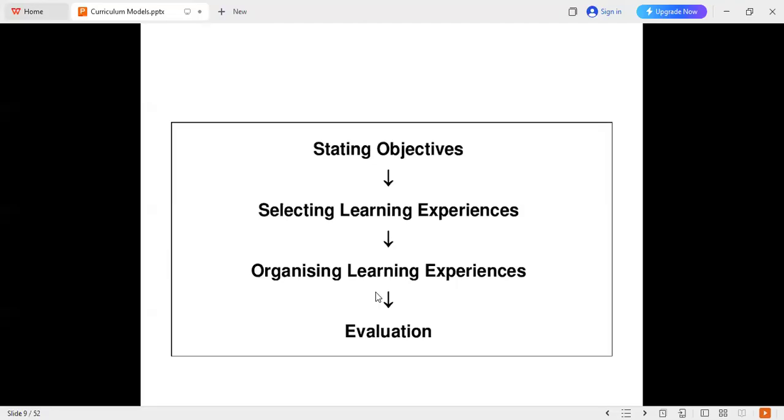Stating objectives, they use purpose in the previous slide. Here we use objectives. Selecting learning experiences, organizing learning experiences, evaluation. Same thing even in different slides.